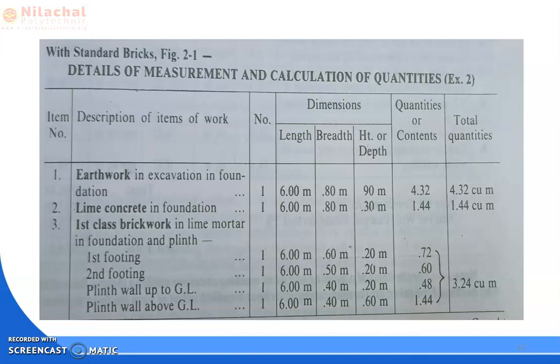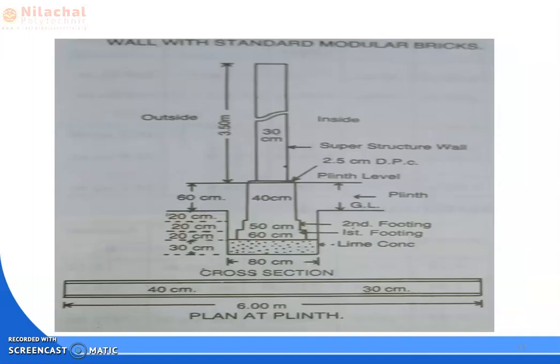Then we go to the second part, lime concrete in foundation. We know the lime concrete length is 6 meter, breadth is 0.8 meter, already specified here. Thickness, especially the lime concrete thickness, is 30 centimeter.